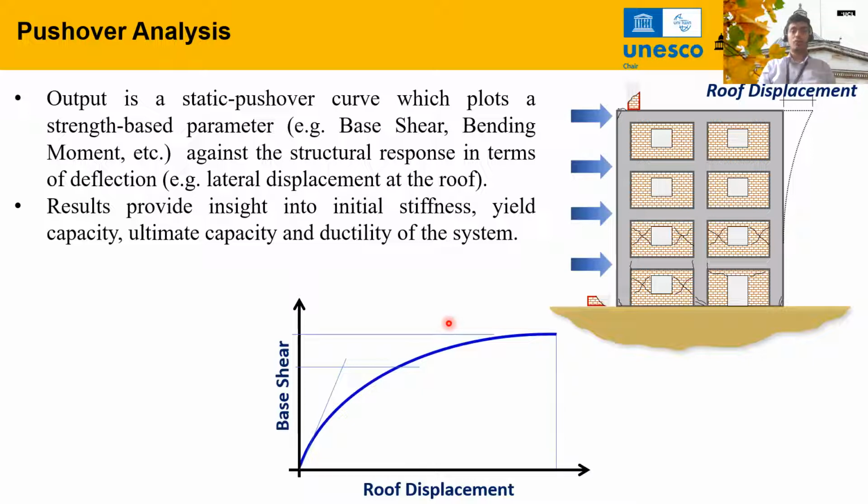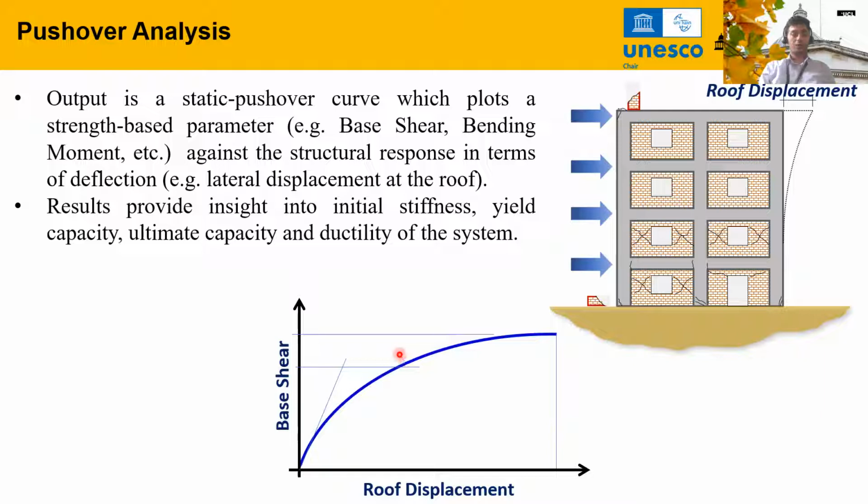The results provide insight into the initial stiffness of the structure, how stiff your structure is, this line here. And when your structure yields, for example, when it starts losing its strength, when it starts to crack, or when the reinforcement starts to bend.